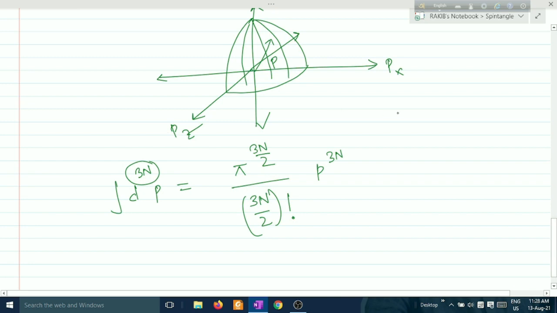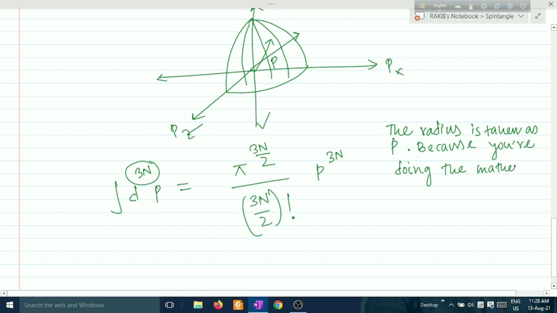You have to remember that the radius is taken as p, because you are doing the mathematics for momentum space. I think this seems correct to me.